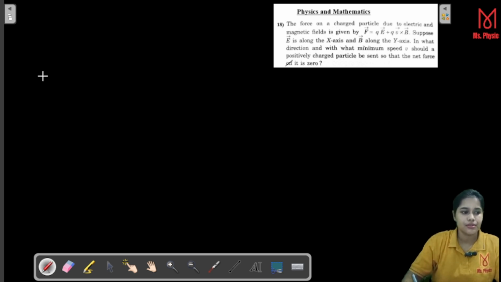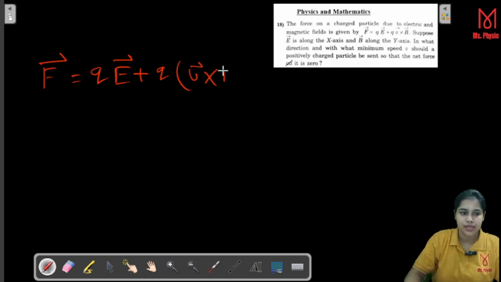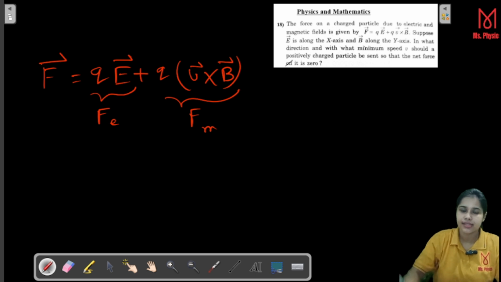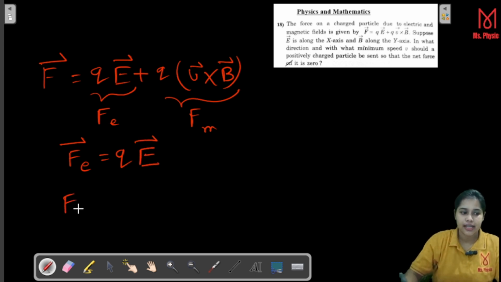F is equals to QE plus Q into V cross B. This is your electric force Fe and this is your magnetic force, that is Fm. Okay. So therefore here I am writing Fe is equals to QE and here Fm is equals to Q multiplied with V cross B.